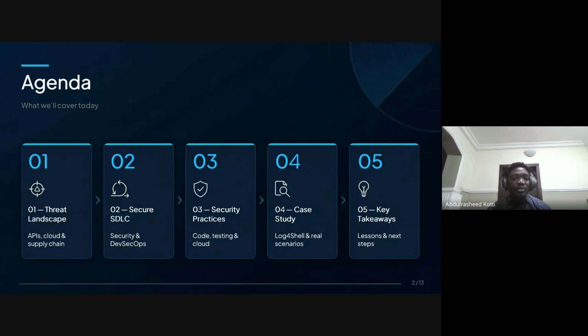Then we will discuss security practices. And this means how we write safe code, how we test apps, and how we secure our cloud systems too. After that, we will review a real case called Log4Shell, which shows how a small issue can affect many systems worldwide.